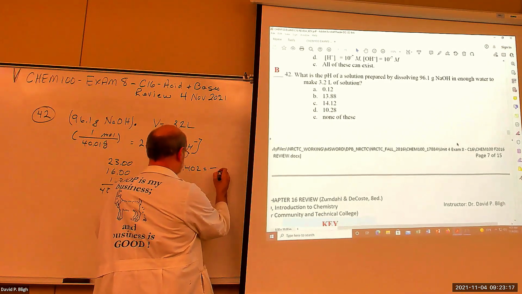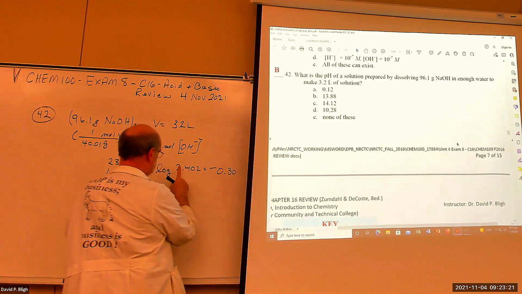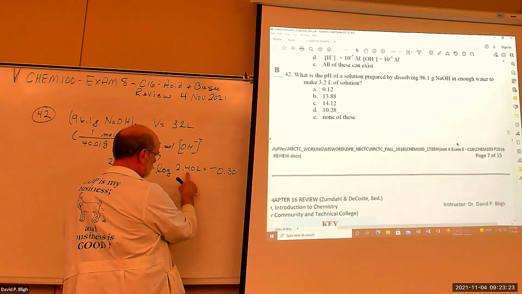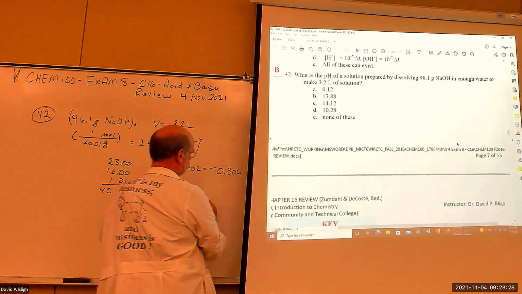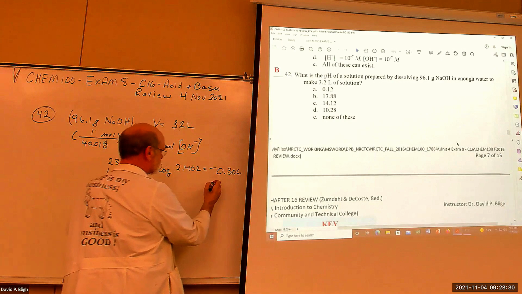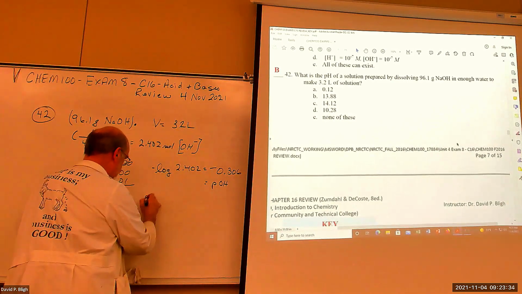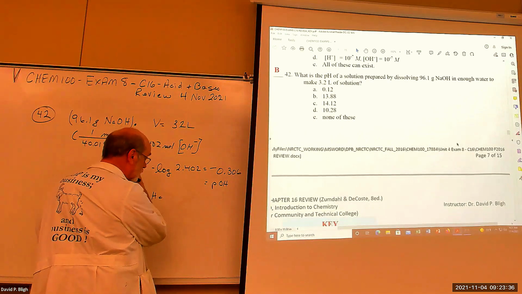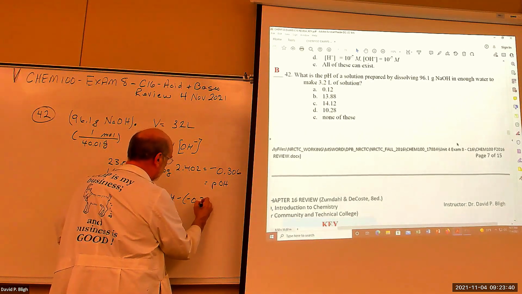It's a negative 0.306. 3 decimal places, 0.306 is pOH. So the pH is equal to 14 minus a minus 0.306.